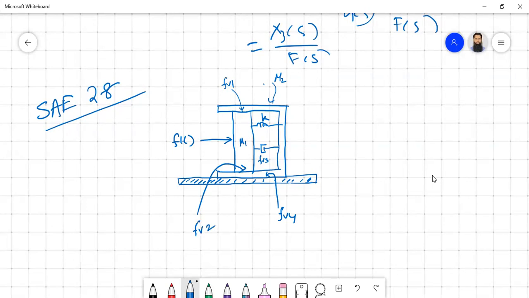I think this is all. Okay, so direction of motion. So M2 moving in this direction, and M1 also we are assuming the same direction of motion. So this is your X1t related to the down one, and this is related to M2, so X2t.